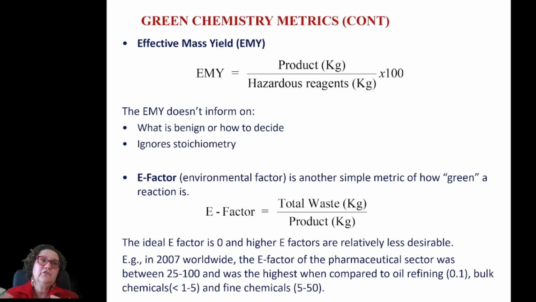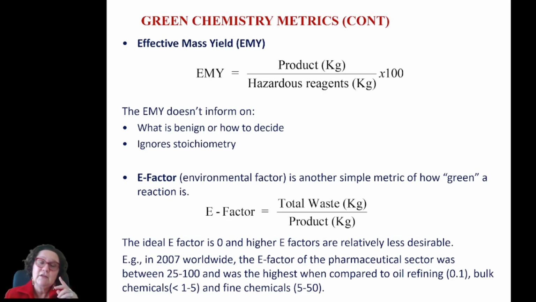And it is, I suppose, subjective to decide what is a hazardous reagent. I mean, some of them will be clearly hazardous because they are extremely hazardous. But in the context of chemistry, most of the chemicals we use when we are in a lab have a certain amount of hazard associated.